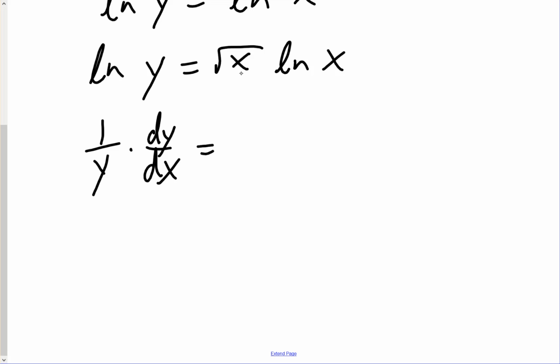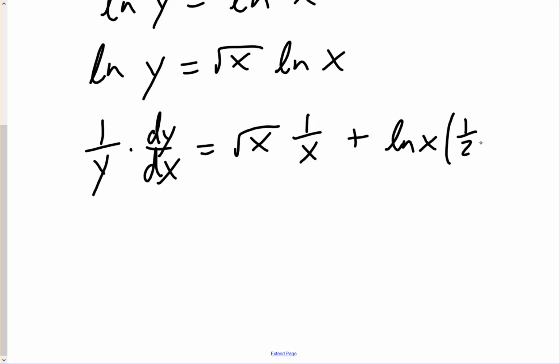So we have, this is x to the 1/2, so square root of x times the derivative of ln x. Okay, derivative of ln x is 1 over x, plus ln x times the derivative of square root of x, which will be 1/2 x to the negative 1/2.